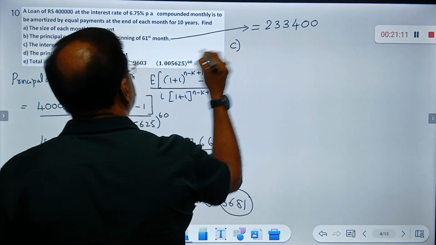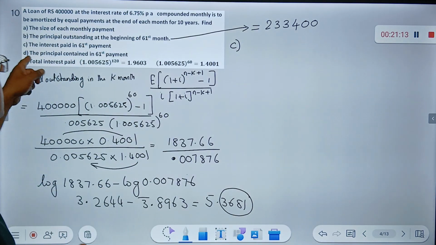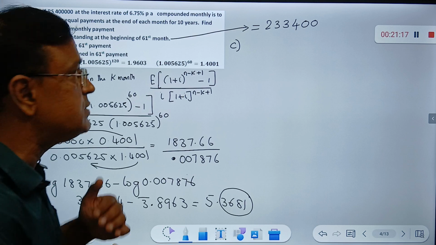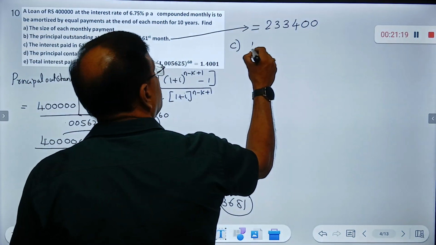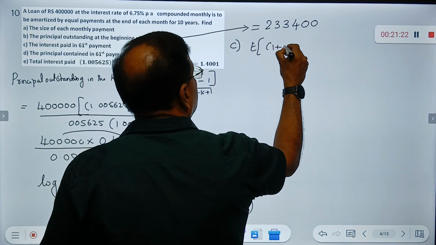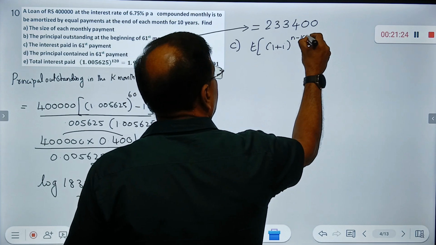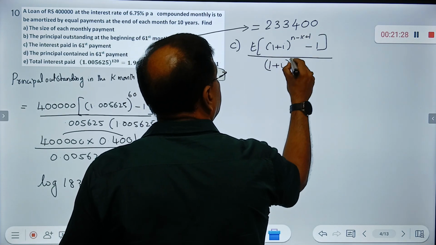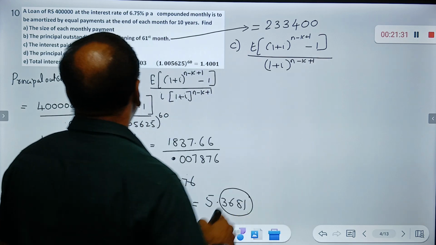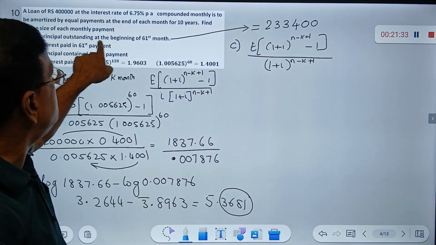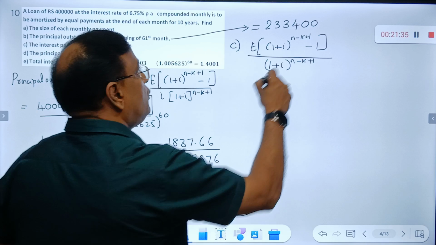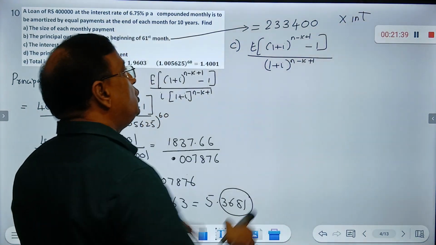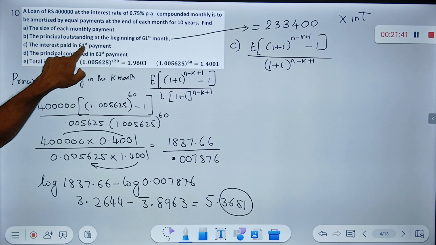Now subdivision C. What is my subdivision C? Interest paid in the 61st payment. The formula is E into (1 plus I to the power of n minus k plus 1, minus 1) divided by 1 plus I to the power of n minus k plus 1. All that you need to do is take the principal outstanding in the 61st month and multiply it by the interest I, and you get the interest paid in the 61st month.